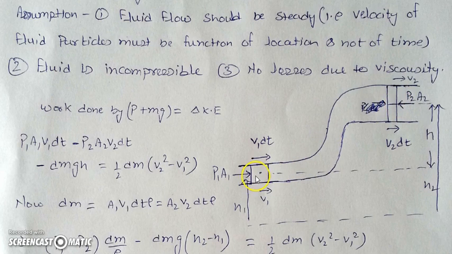So the mass has increased its height by an amount h, so the work done by gravity will be negative, and the net work will be equal to half into the mass of this portion into the change in its speed squared. So that is the change in kinetic energy, and we get the net work done by all the forces.